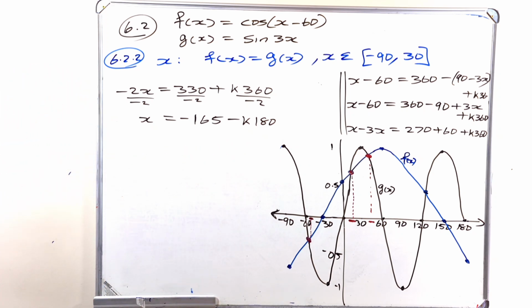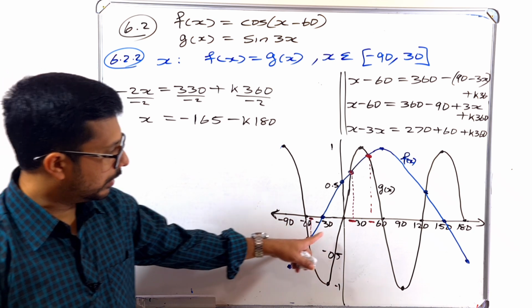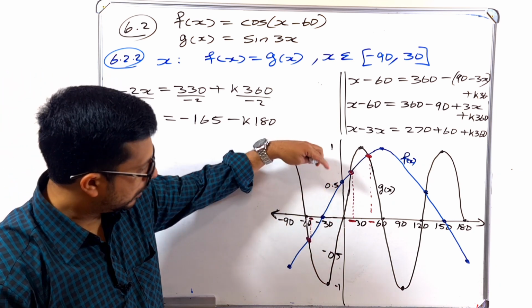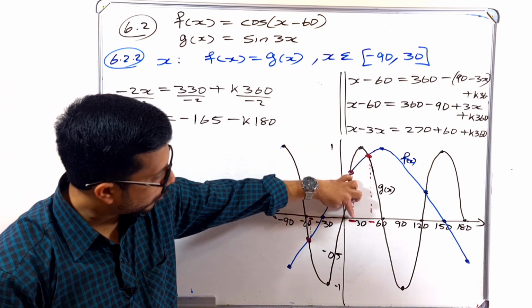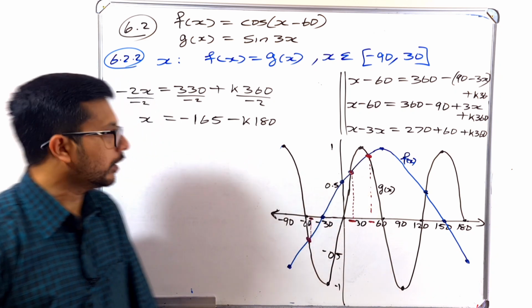Now, which value can I substitute to get this value of x positive, between 0 and 30?